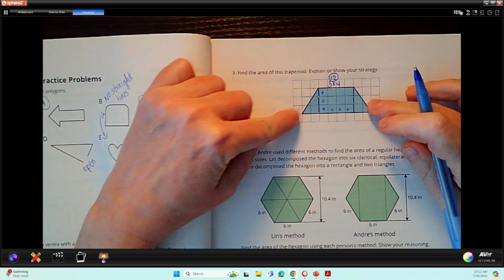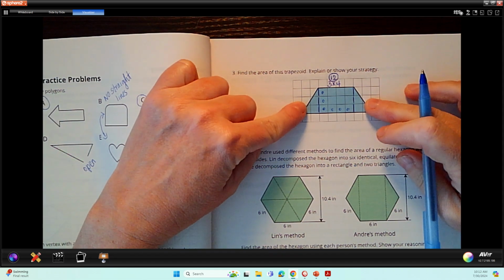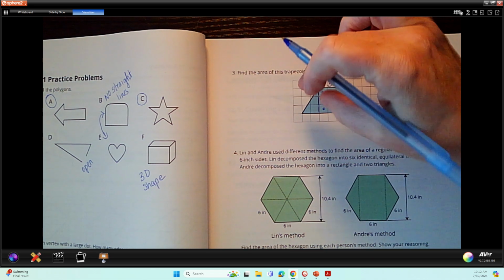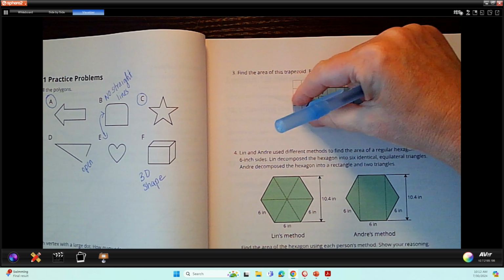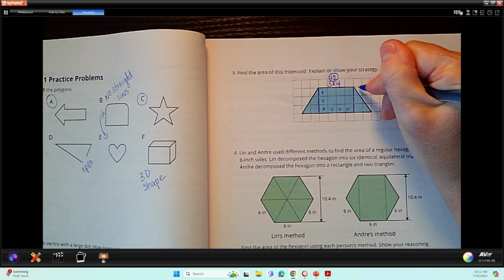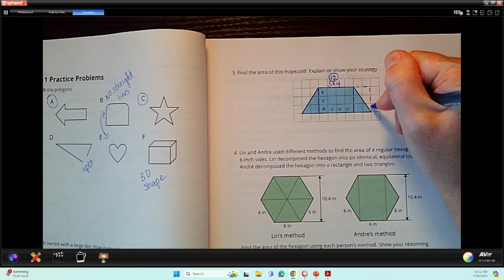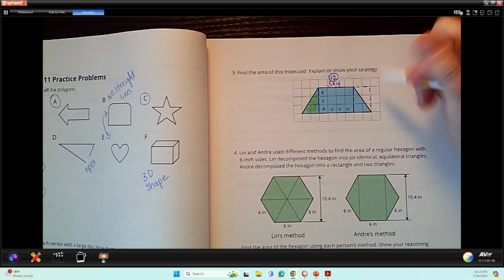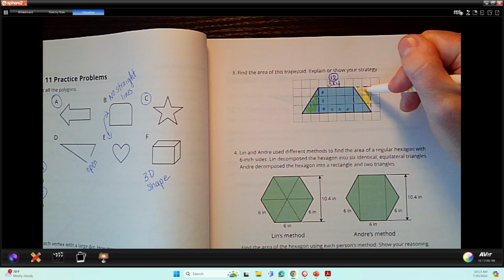Now I just have to do my triangles. Now remember, really, if you think about it, I can cut this one off and I can rotate it and it's going to fill this space right here. See that? So this right here is the same as this space right here.